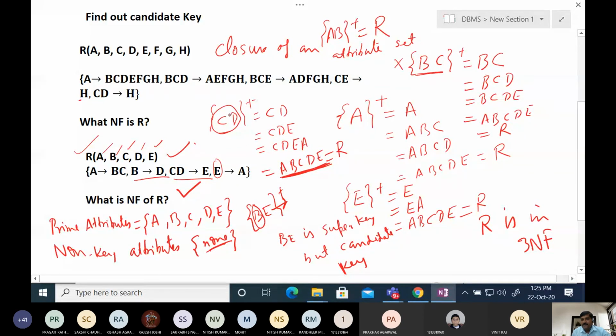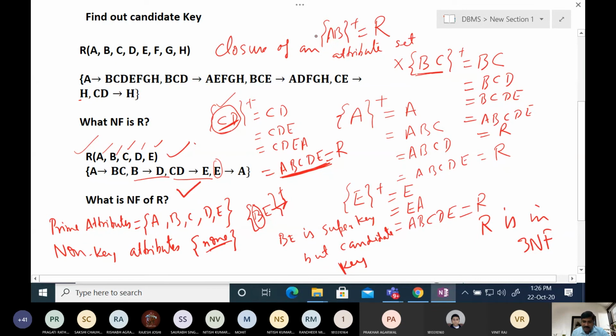And if this is the minimal set, meaning left irreducible FD, then we say that this is the candidate key.